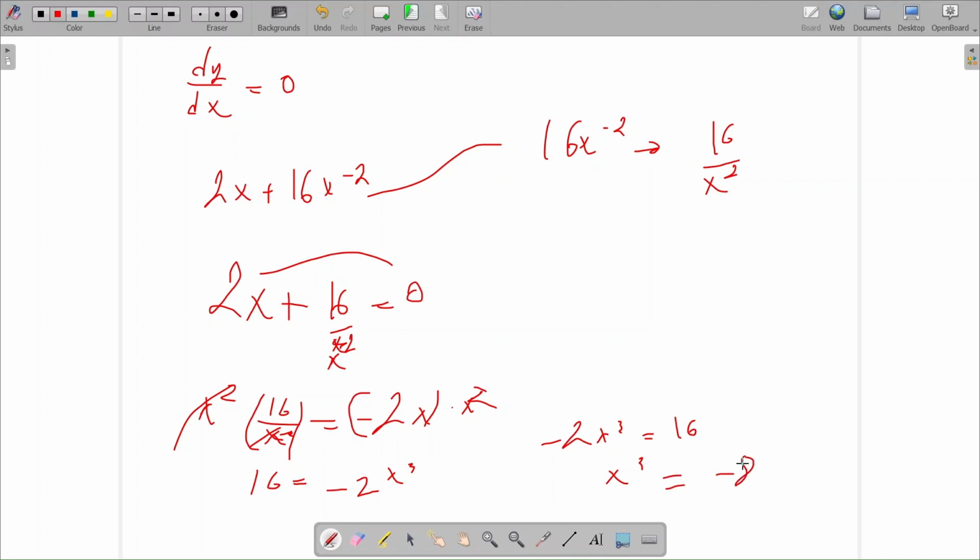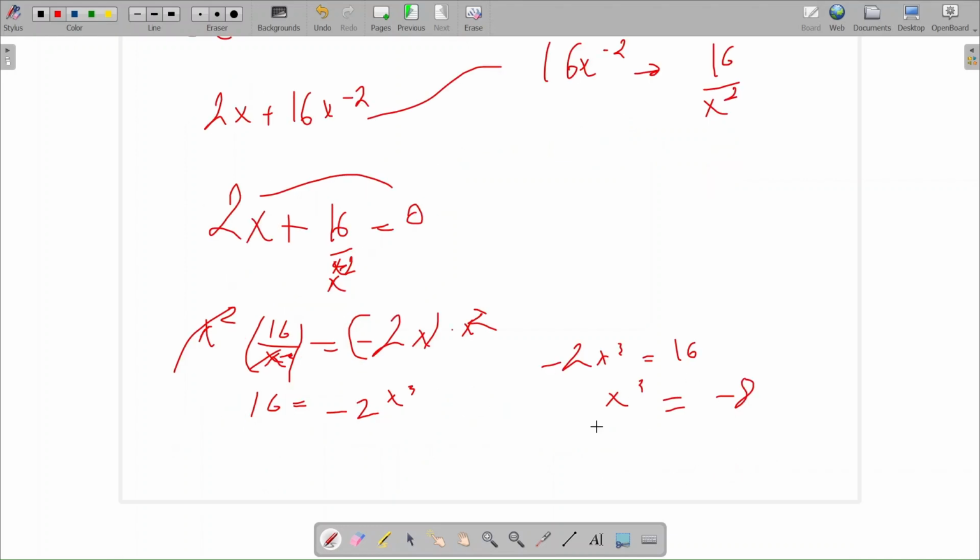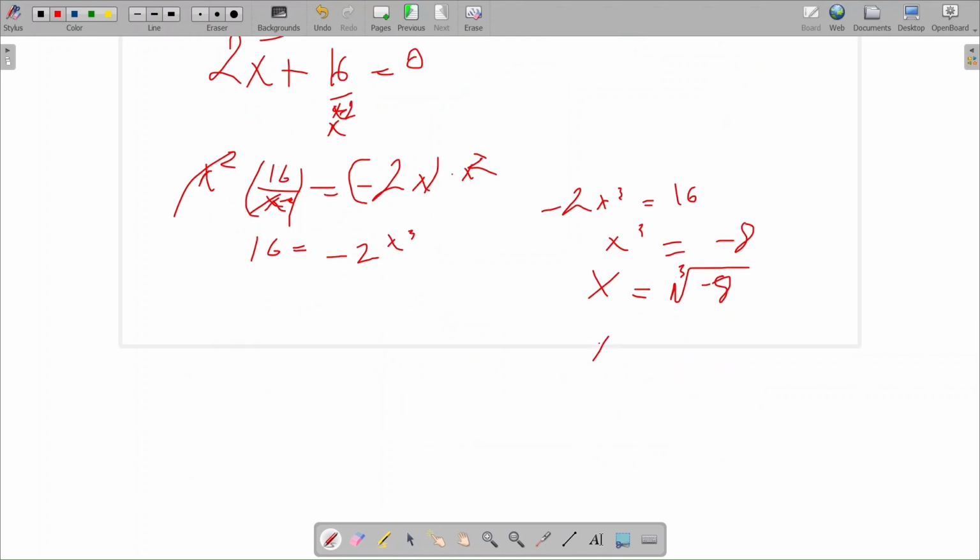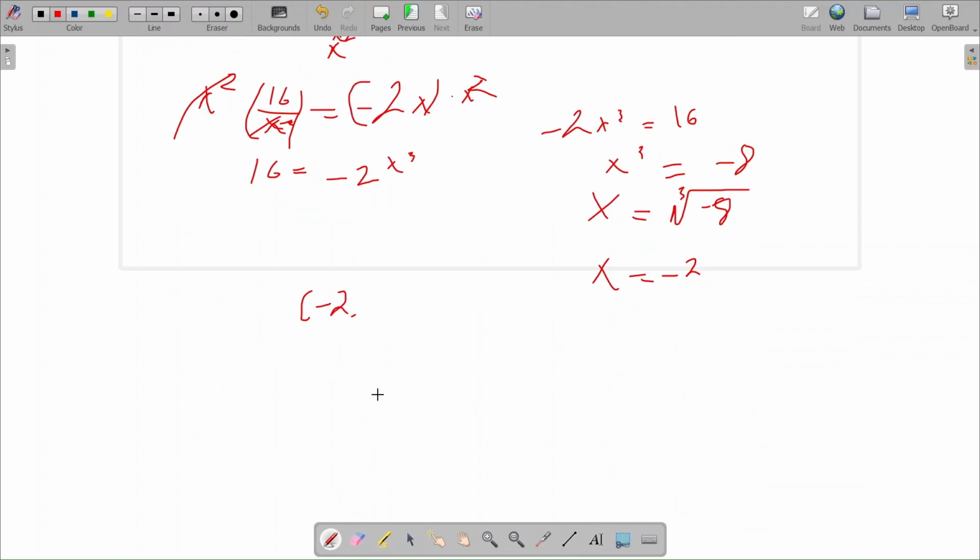Now, because this is an odd exponent, you can have a negative root. So x is equal to the third root of negative 8. This will give us x to be negative 2. So we know that one of our points is negative 2. Now we just have to substitute negative 2 back into the original equation.